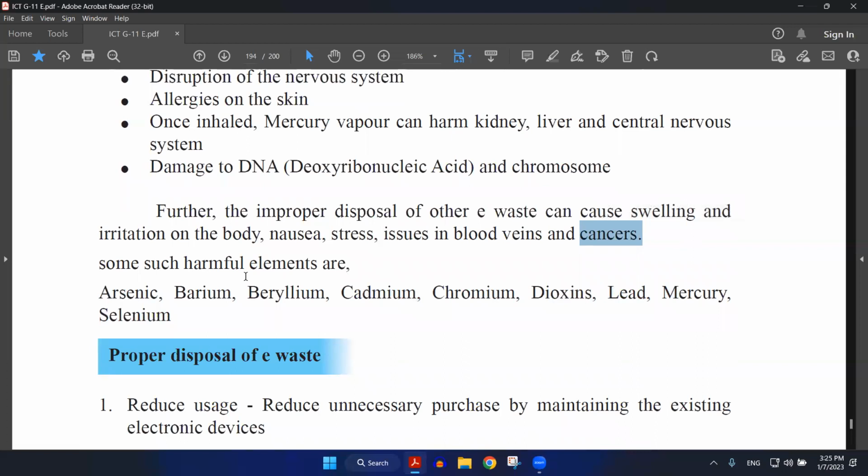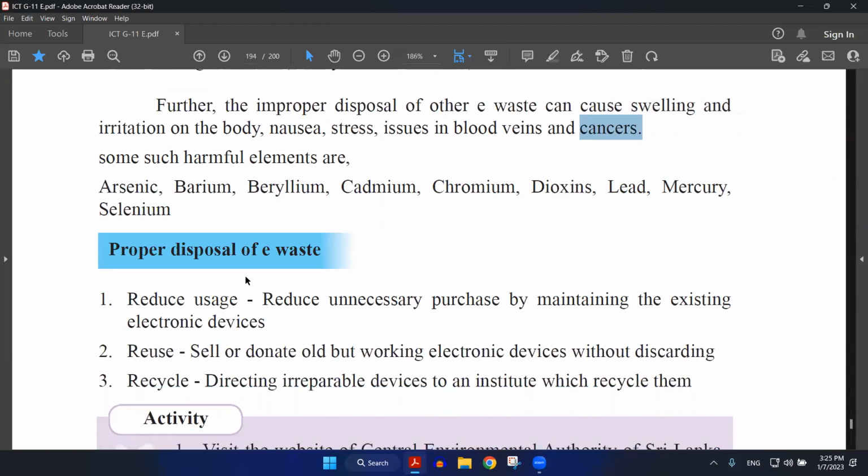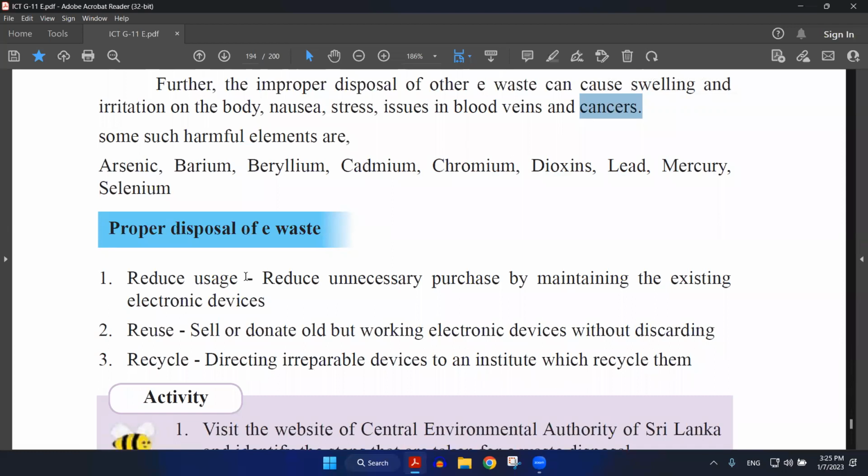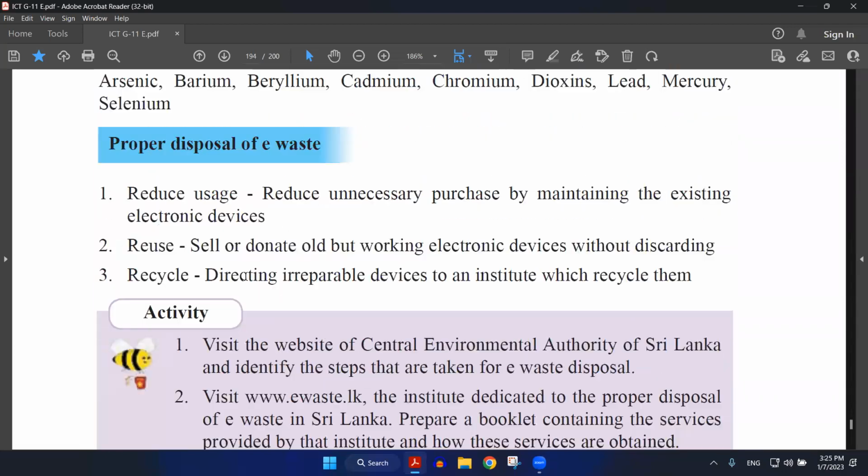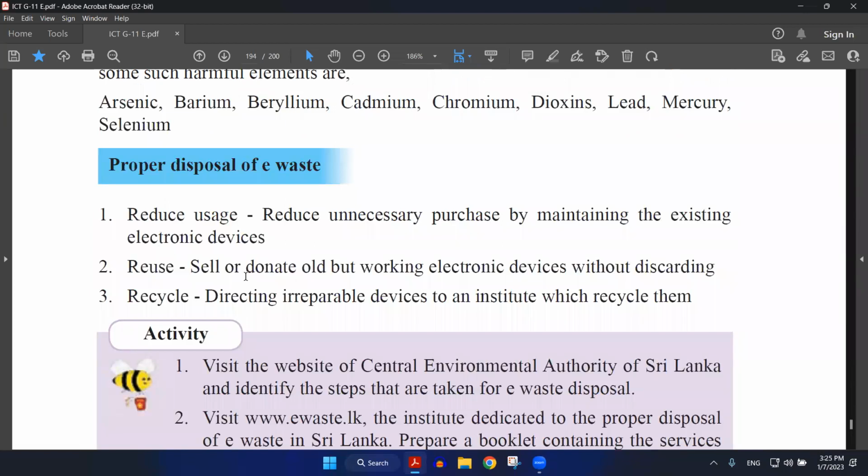So to dispose of electronic waste, there are proper procedures that we follow, which we call the 3R system: reduce, reuse, and recycle. Reducing means we can reduce unnecessary purchases, as well as the devices that we are using.